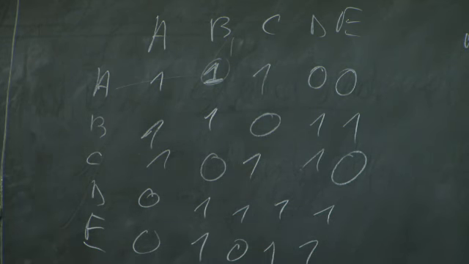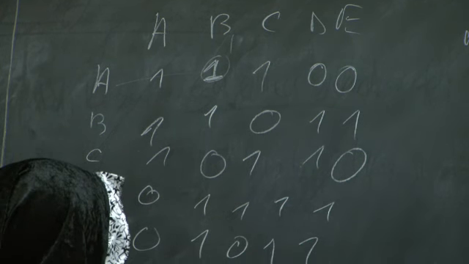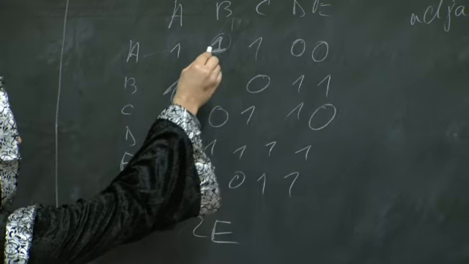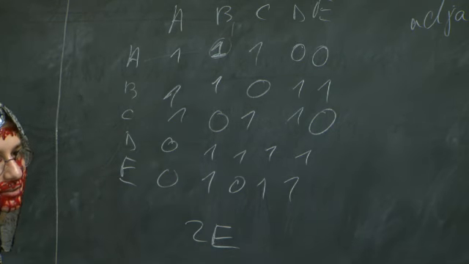Okay, how many ones do I have in this? To see if you guys are thinking. 2E. So each edge contributes 2 ones, right? And that accounts for most of the ones.